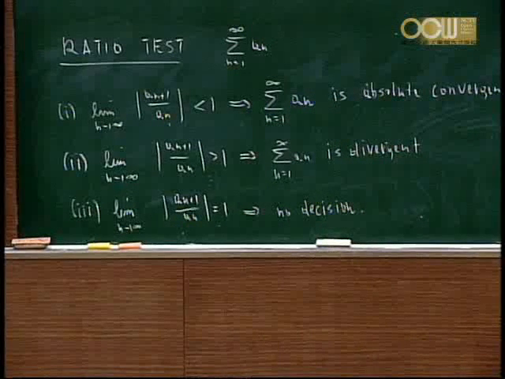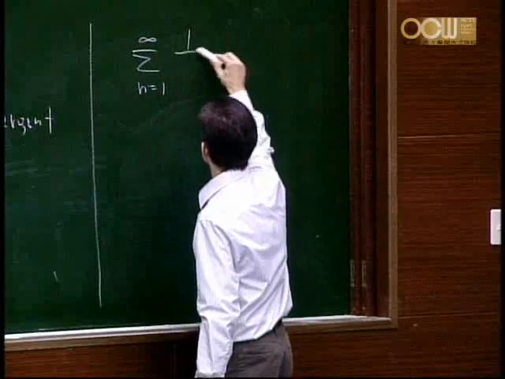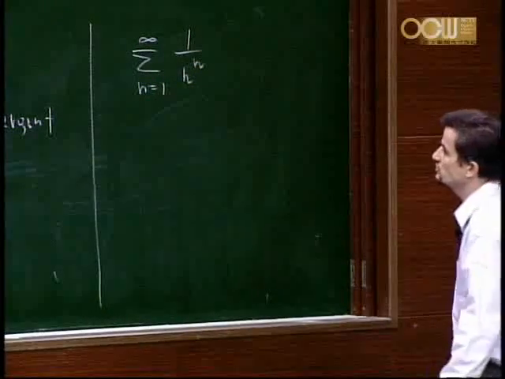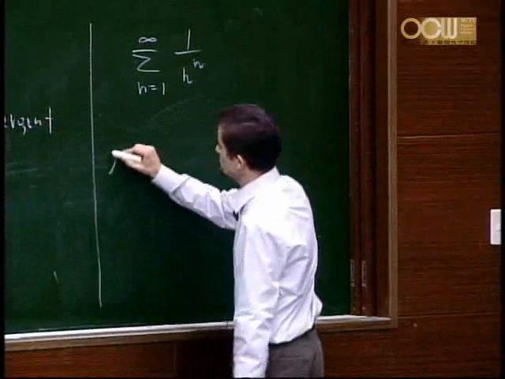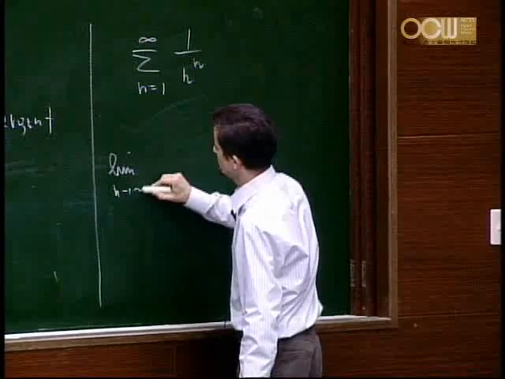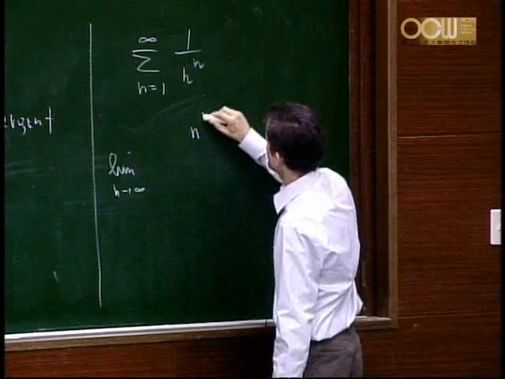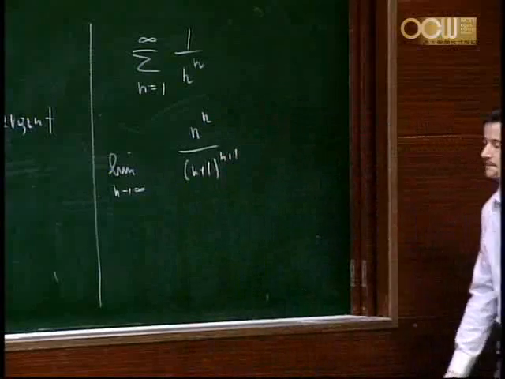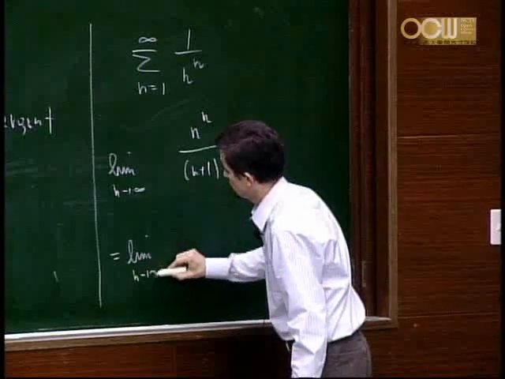So let's look at some examples. Another example is 1 over n to the n. Let's check how to use the ratio test for this example. We have to look at the ratio, the limit as n tends to infinity of n to the n over (n+1) to the (n+1).